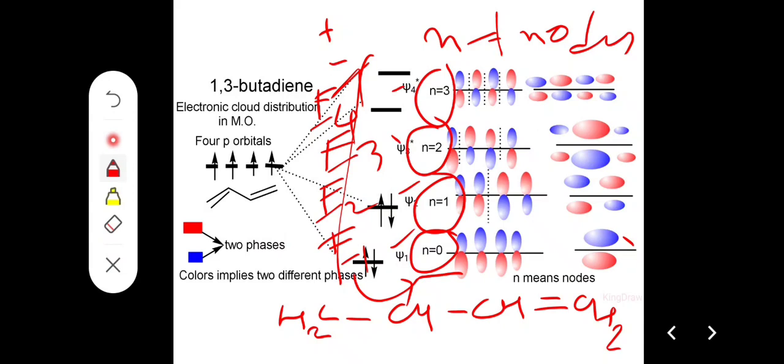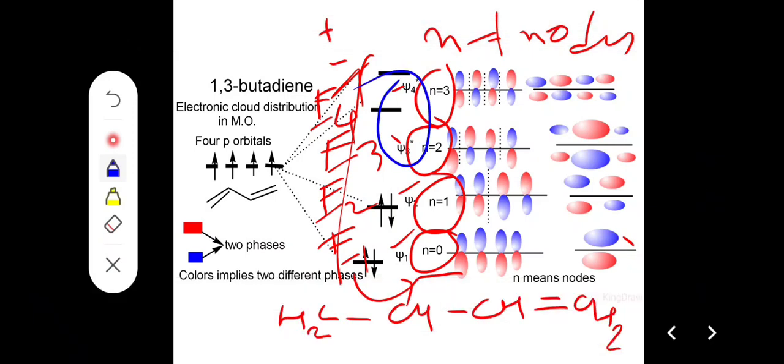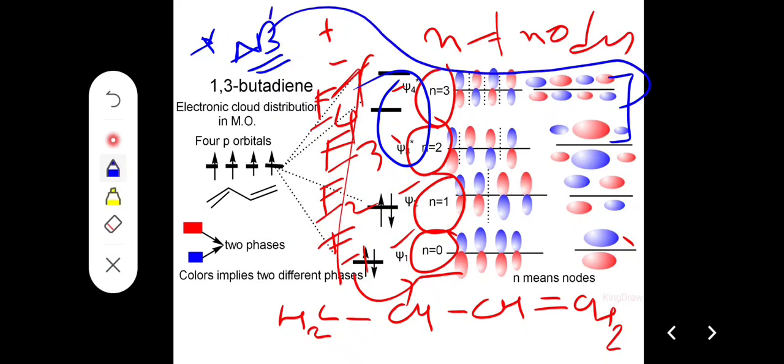Now we consider psi 4 and psi 3 star. Star means anti-bonding. These two are anti-bonding, and these two are bonding.